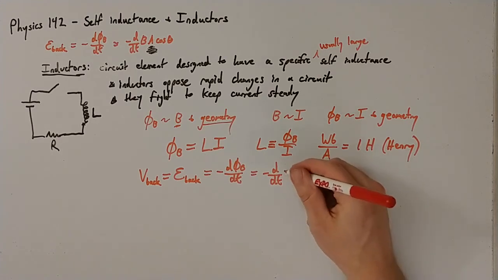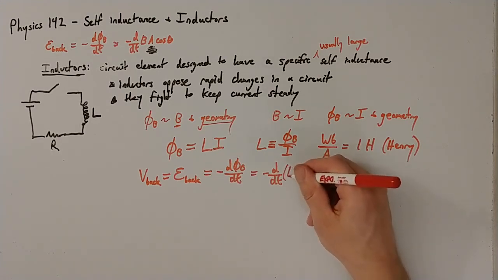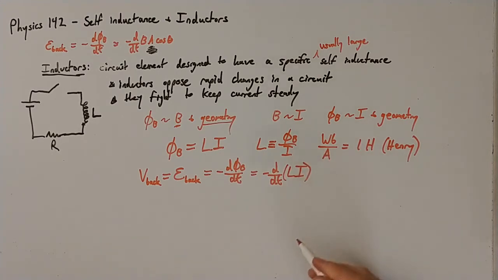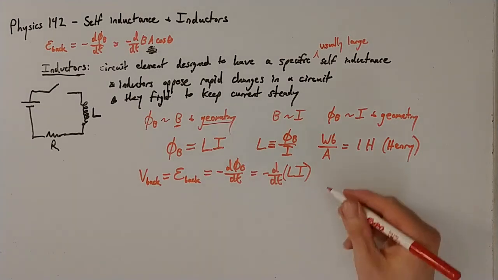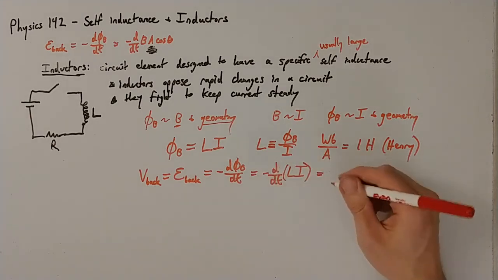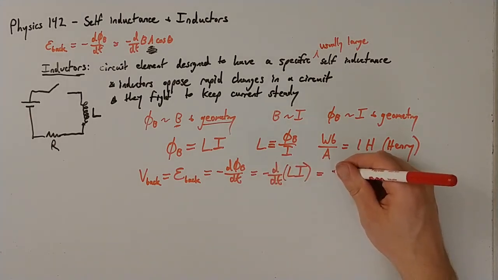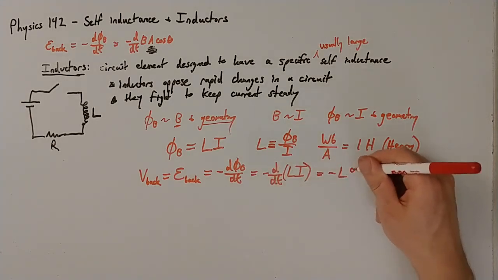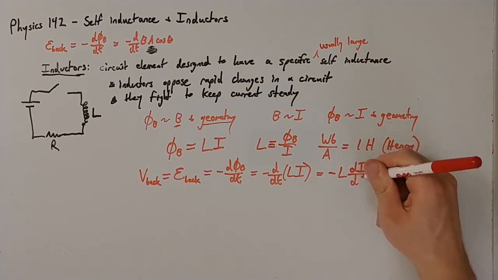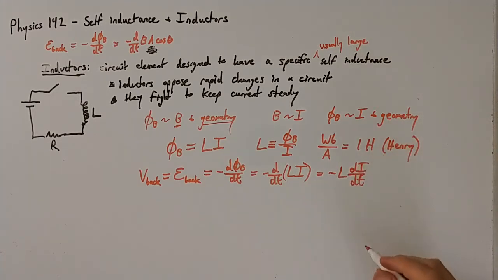So we say d/dt of L times I. Well, if L just depends on your geometry, then that's just constant. Once you've configured your wire, once you've made your circuit element, L's not going to change. So I can pull that out of the derivative here, and usually we write this as minus L times di dt. So minus L di dt.